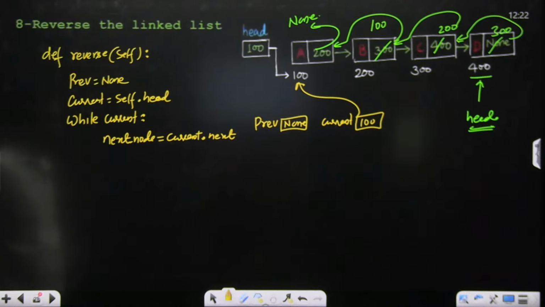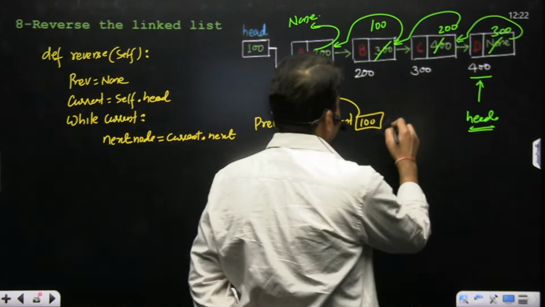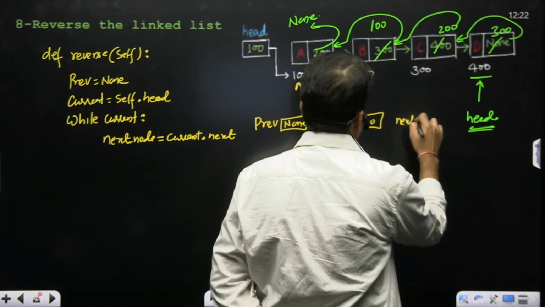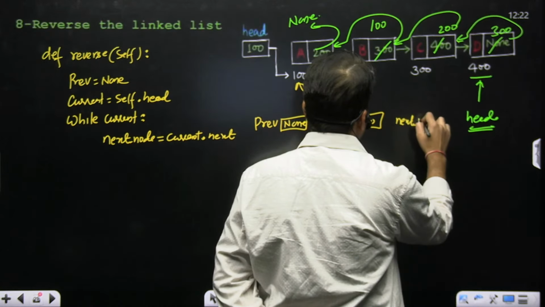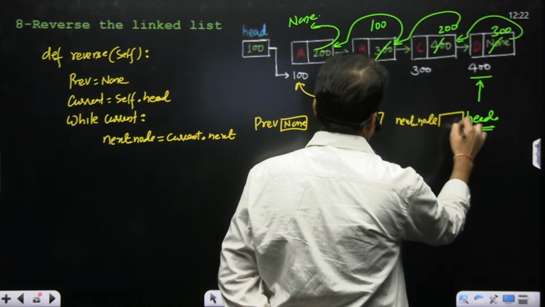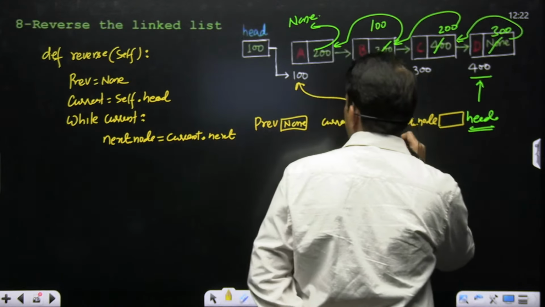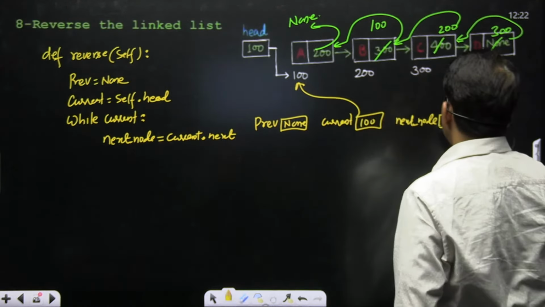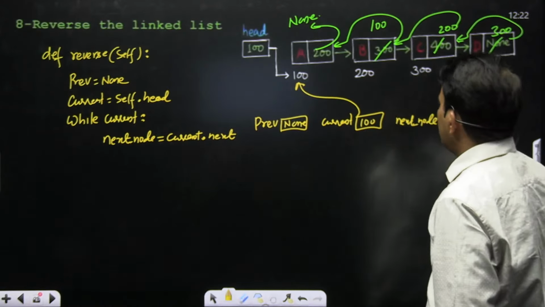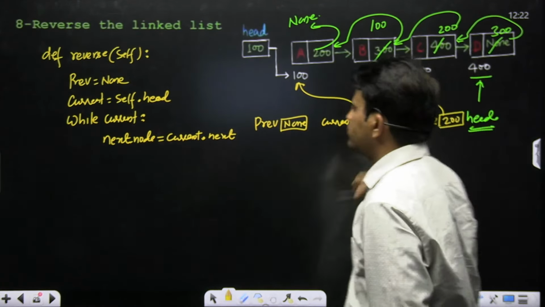So one more pointer. Current dot next. What is current dot next? It is 200. Okay, so this is pointing to this one.